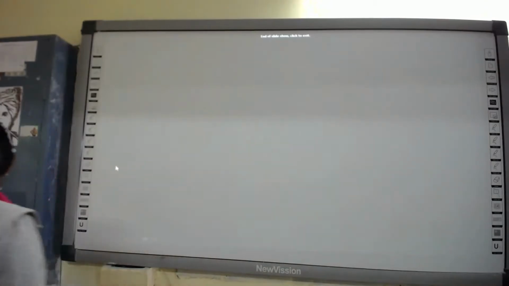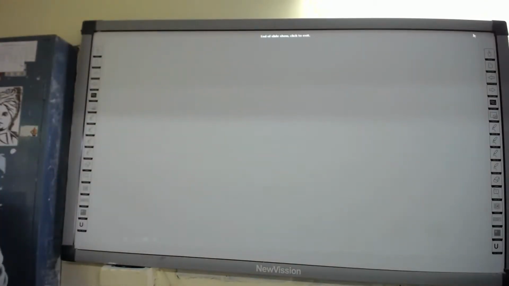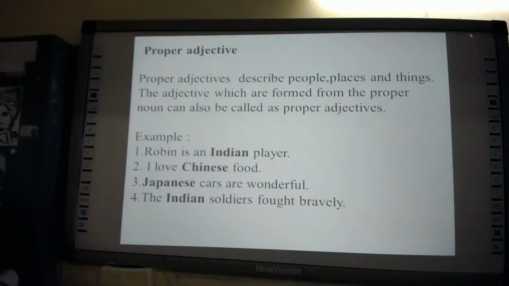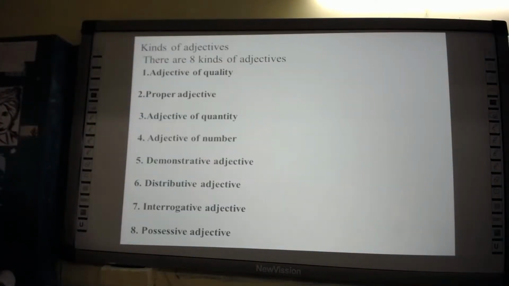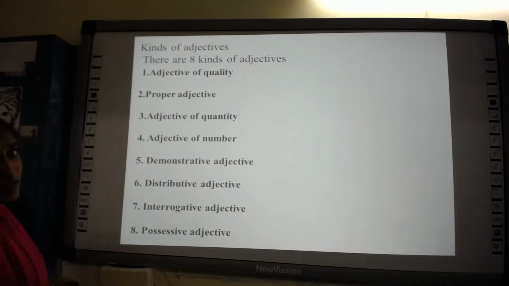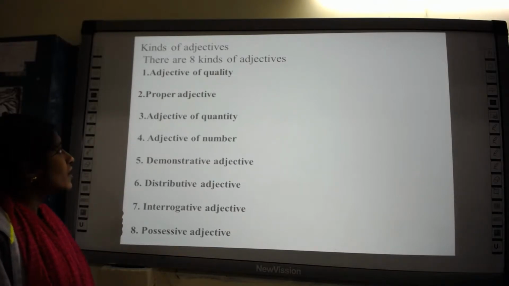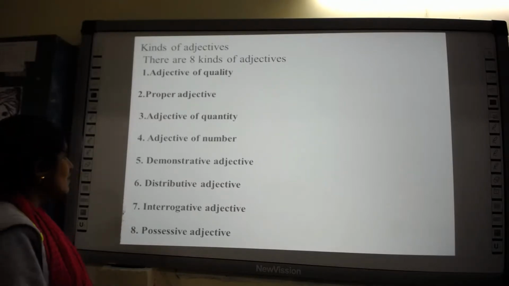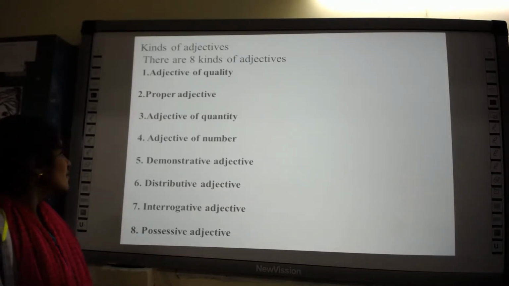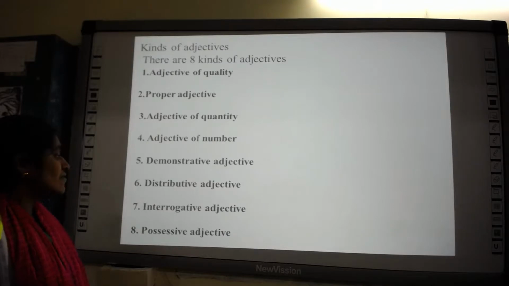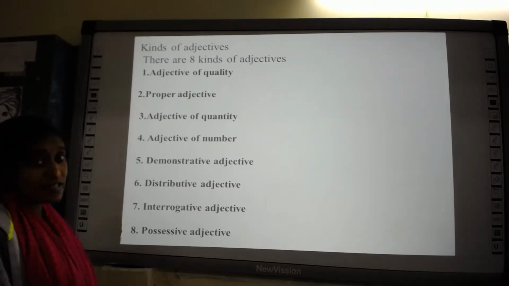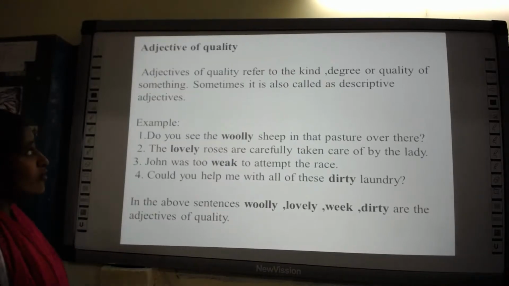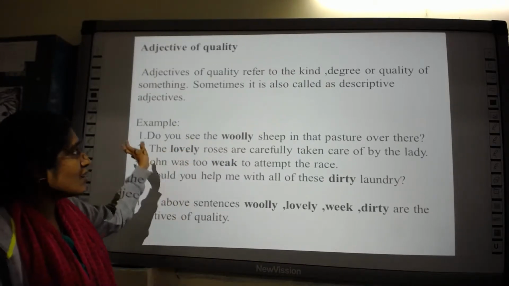Now we'll have a revision regarding the various types of adjectives. What are the different eight kinds of adjectives? Adjective of quality, proper adjective, adjective of quantity, adjective of number, demonstrative adjective, distributive adjective, interrogative adjective, possessive adjective. Adjective of quality shows the quality of a person or thing.